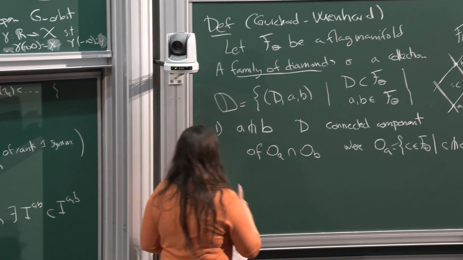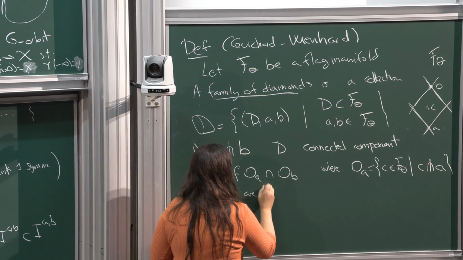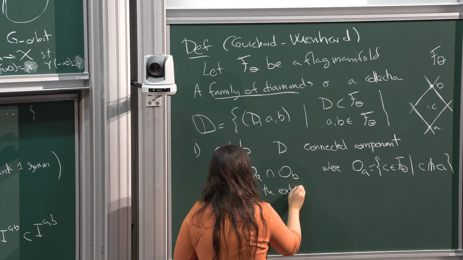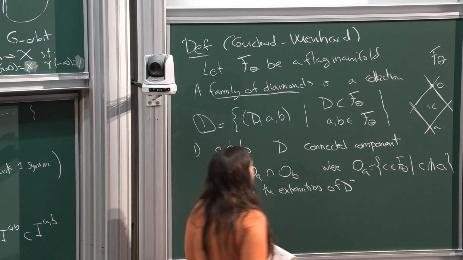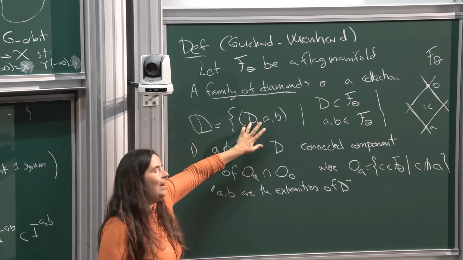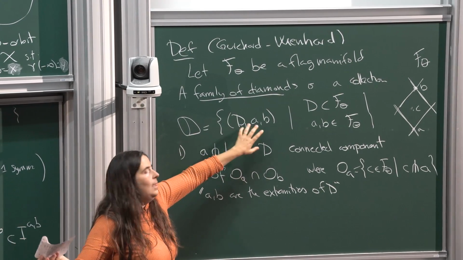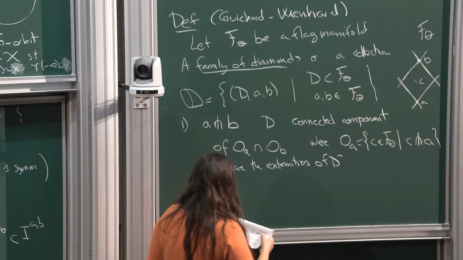So A and B are the extremities of D. I have a family of objects like this, open, like the analog of the interval in the circle, and two points that determine this.